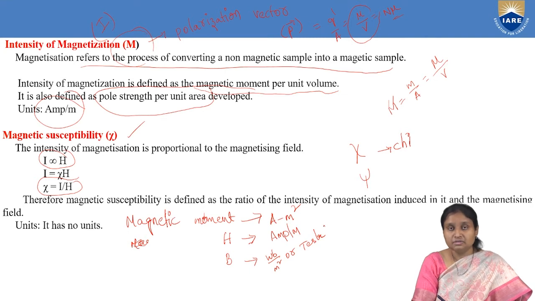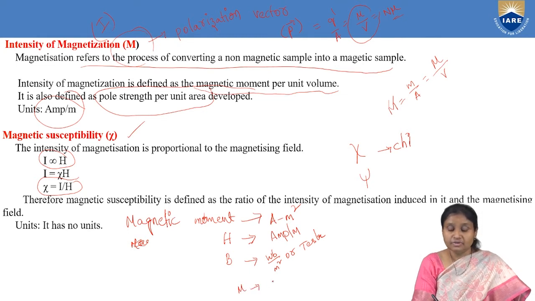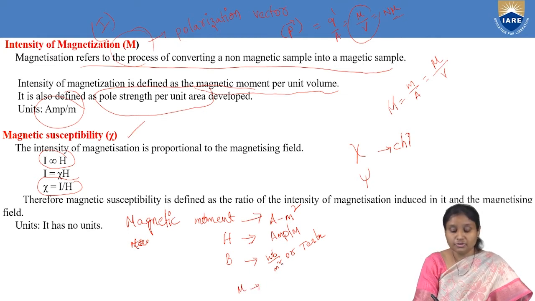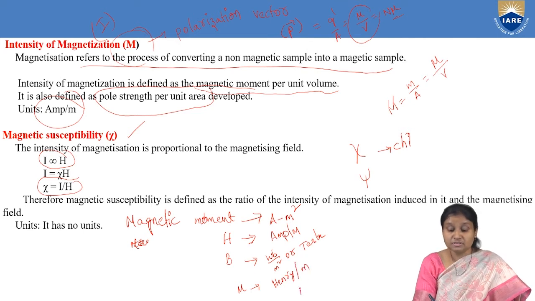Next we discussed permeability, mu. Its unit is Henry per meter. Here we have come across one constant value, which is the permeability of free space. Its value is 4 pi into 10 power of minus 7 Henry per meter.